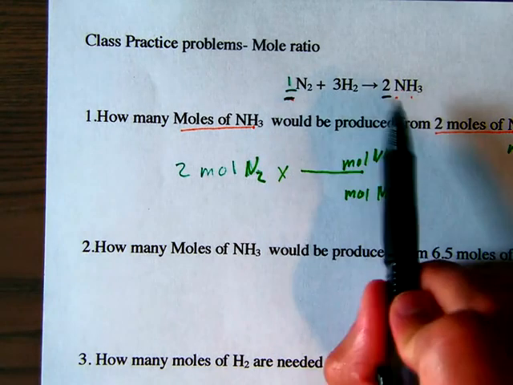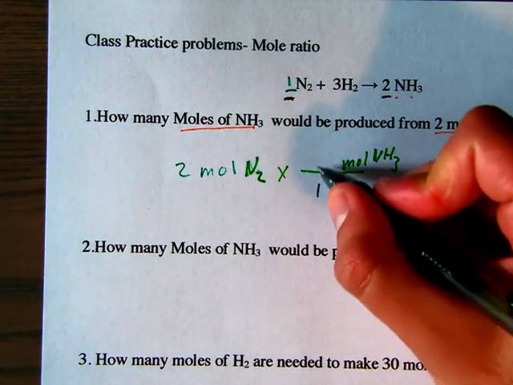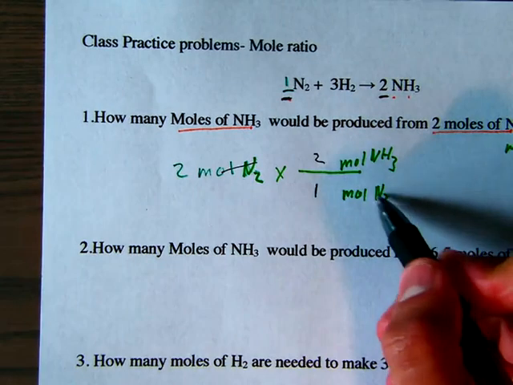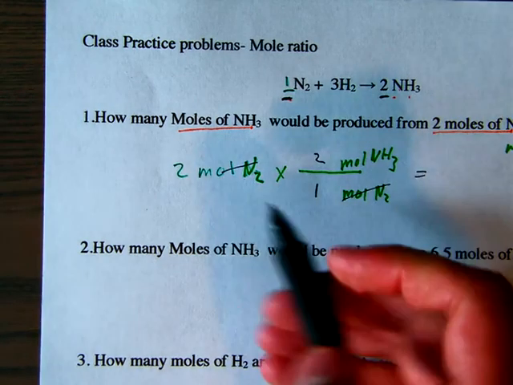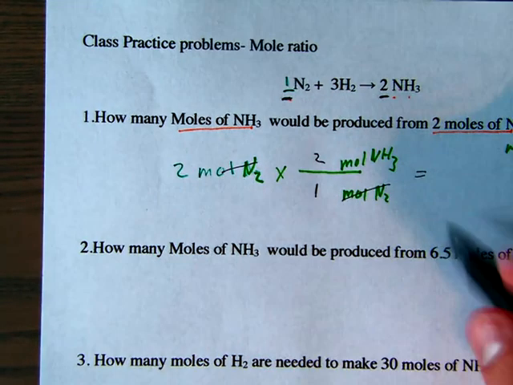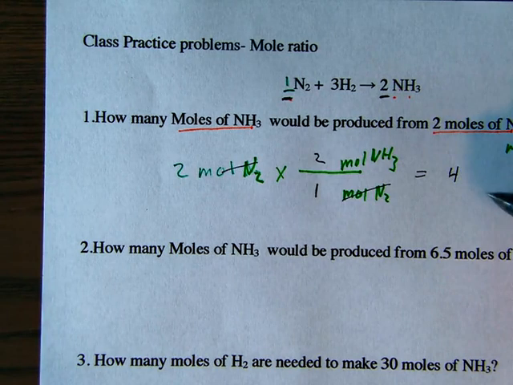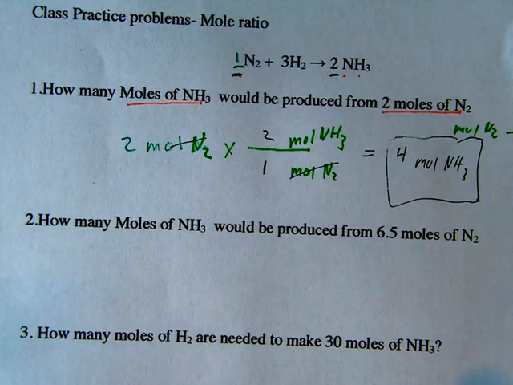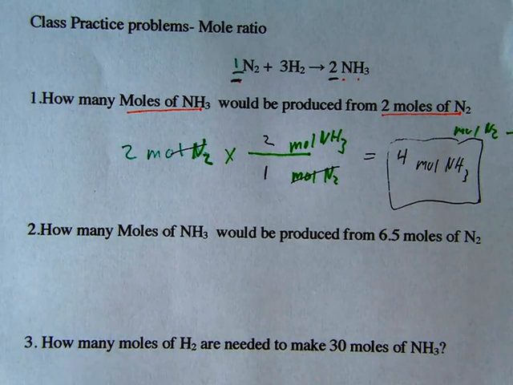In other words, 1 mole equals 2. So I cancel, and 2 times 2 gives me 4 moles of NH3. And that would be my answer for this problem. 4 moles of NH3. Okay?